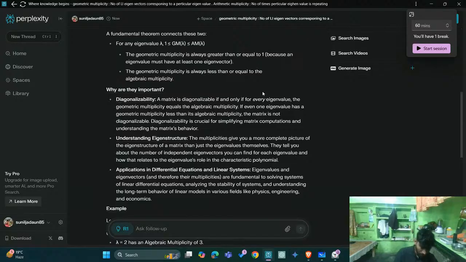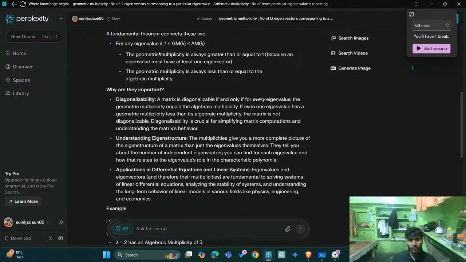Right, so this is a note. A matrix is diagonalizable if and only if geometric multiplicity is equal to algebraic multiplicity.